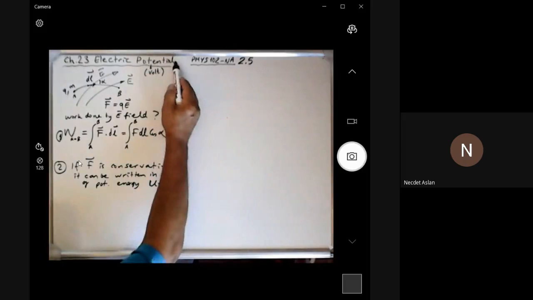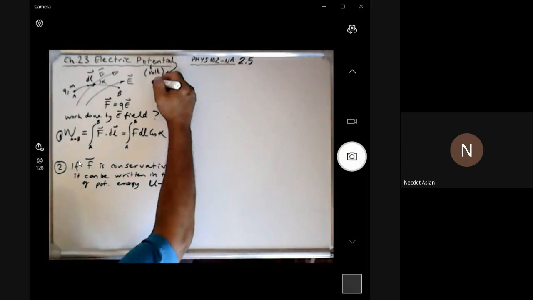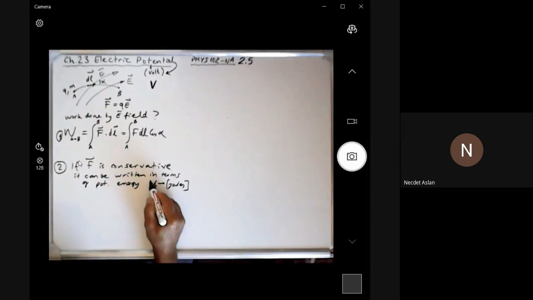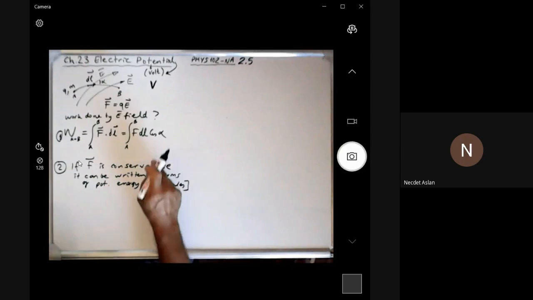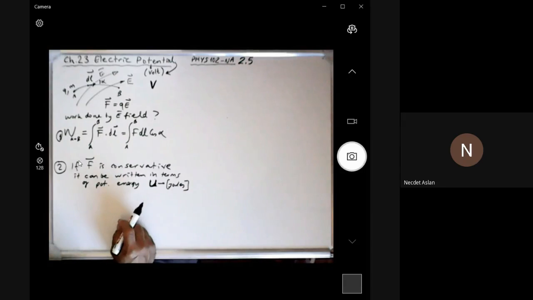Don't forget, potential is in volts, but potential energy is in joules. Don't mix them up. We use capital letter V for potential, but when we use U, just like we have done in PHYS101, it means the potential energy. Of course there is a relationship between U and V, potential energy and potential, as we will show.